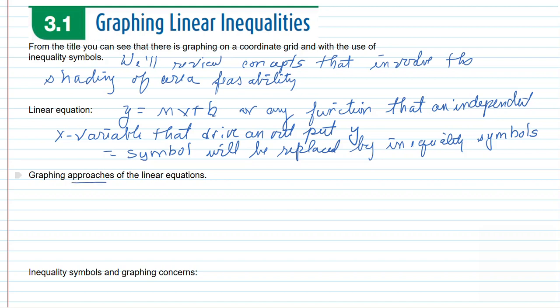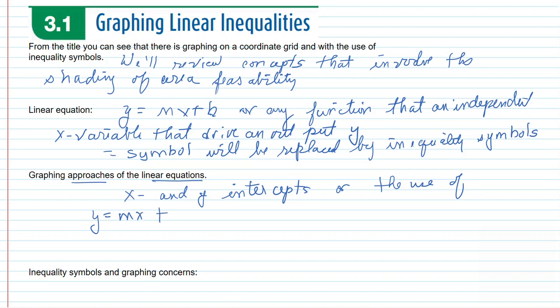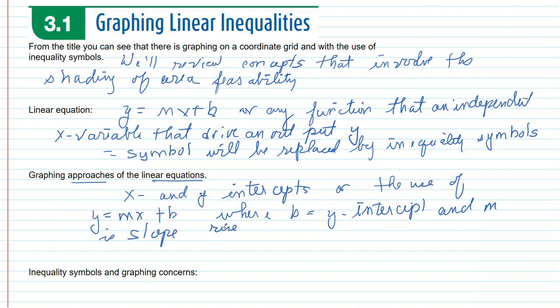Well, we approach the linear equation by x and y intercepts, or the use of y equals mx plus b, where b is the y-intercept, and m is the slope, which is rise over run, telling us what movement we do after we plot that y-intercept.